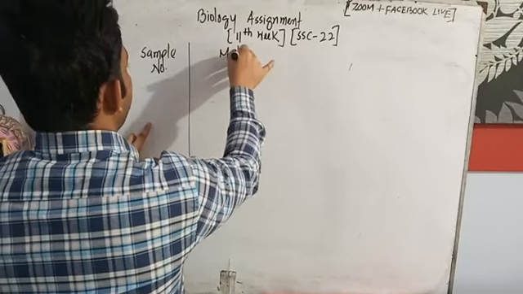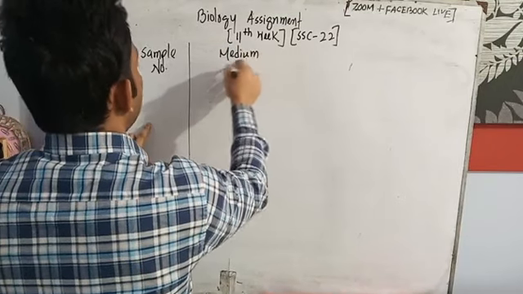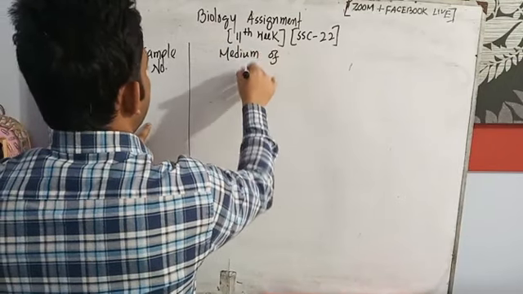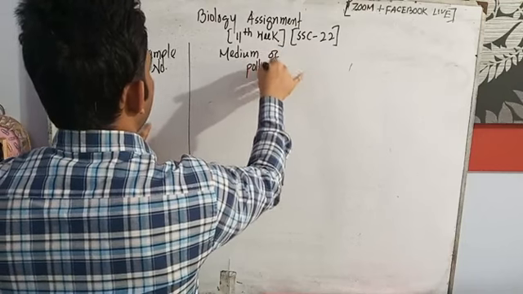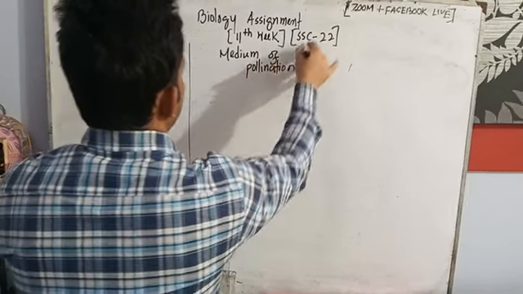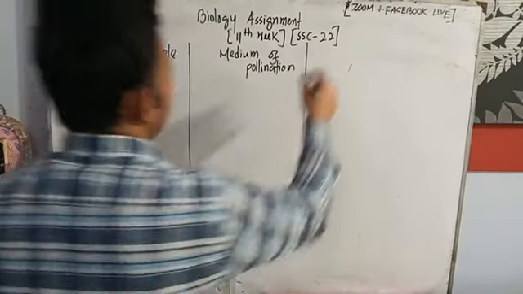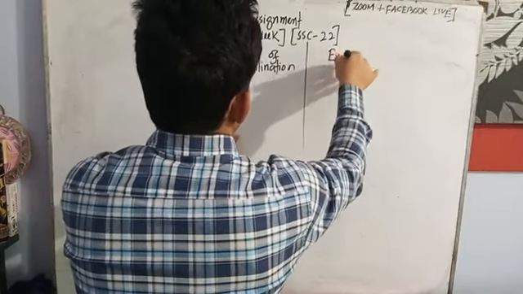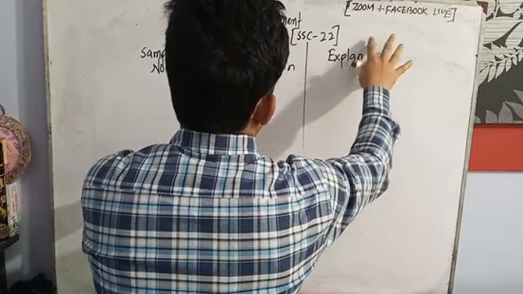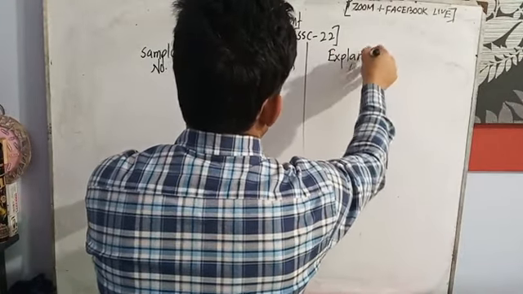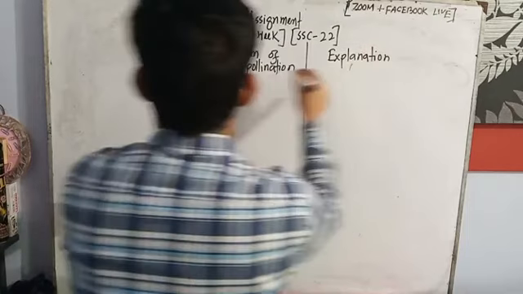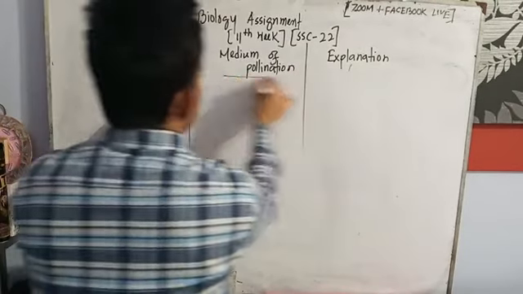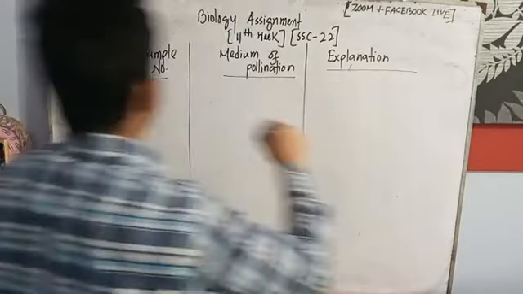We will write medium of pollination, and the third is the explanation, the medium of pollination and explanation specifically. Look here: sample number, medium of pollination and explanation.